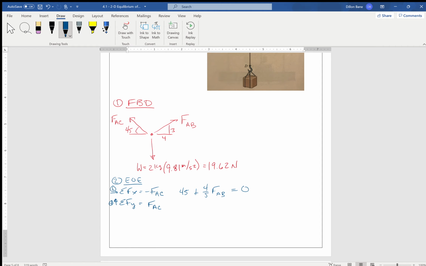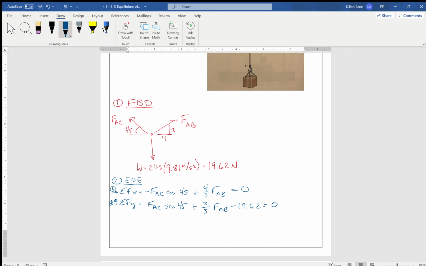The x direction would be cosine 45, and then the y direction would be sine 45. FAB is also acting upward, so it's going to be positive 3/5 FAB. And then the weight force acts completely downward, so we have minus 19.62. It's in equilibrium, so set it equal to 0.